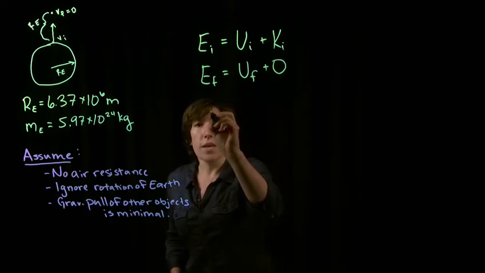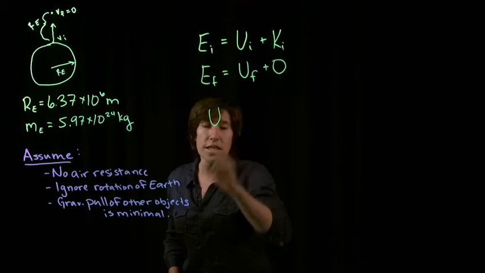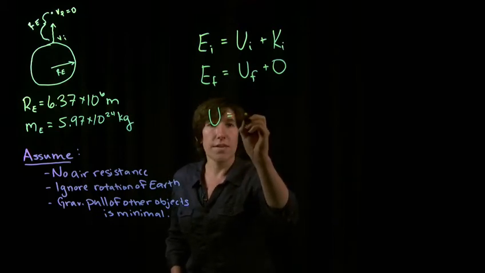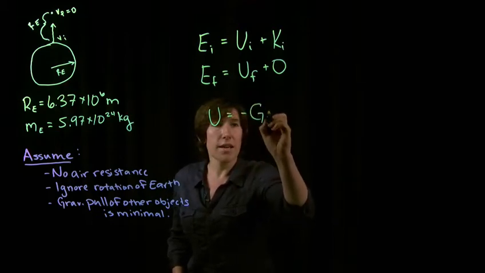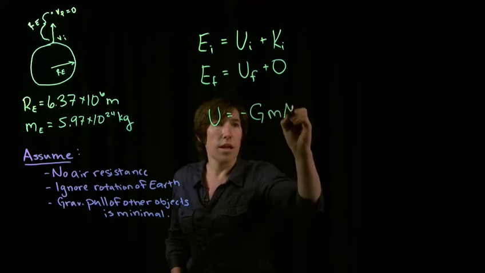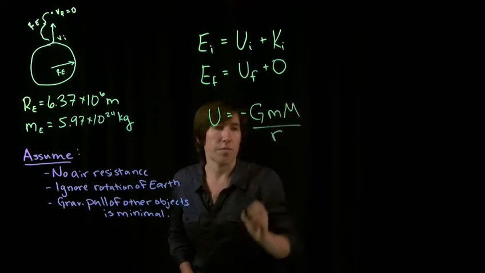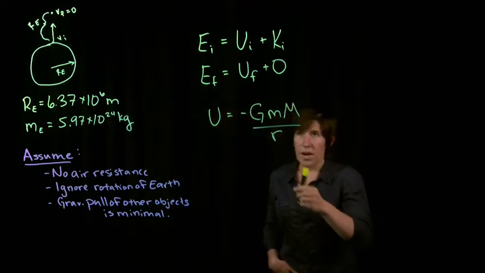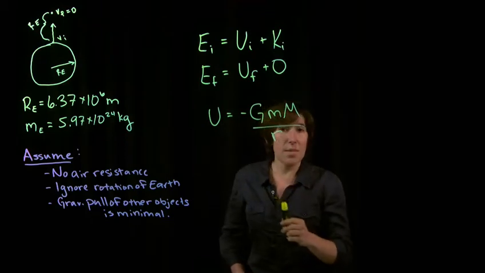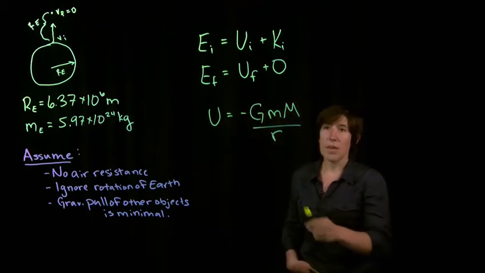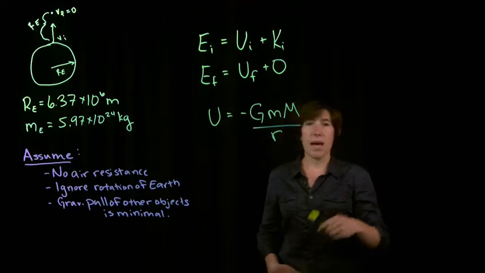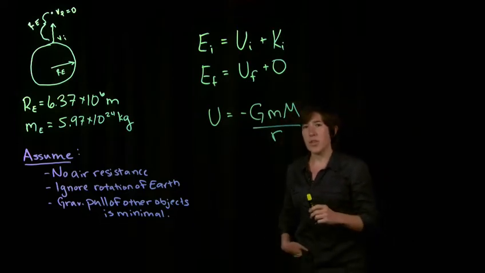So the general formula for the potential energy due to gravity is given by negative GMm over r, where in this case, one of these m's is going to be the mass of the Earth, and the other m is going to be the mass of your friend that you're shooting off.